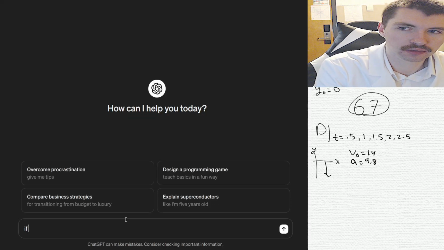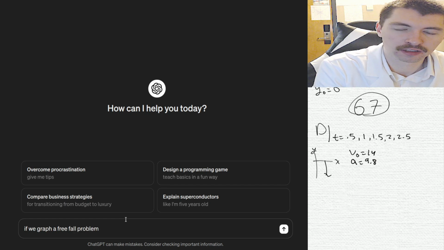If you graph a free fall problem as an object falling down the origin, would gravity be negative?